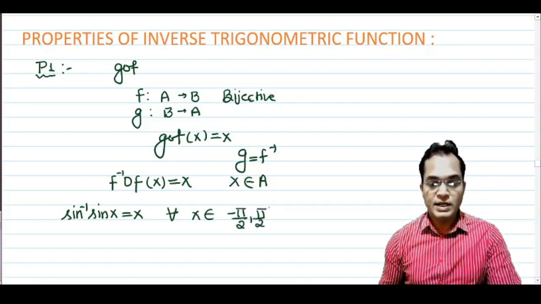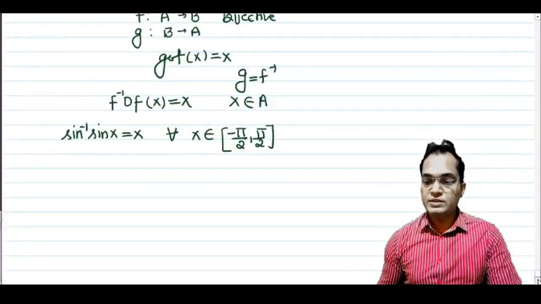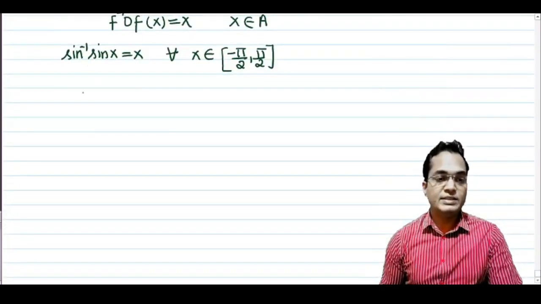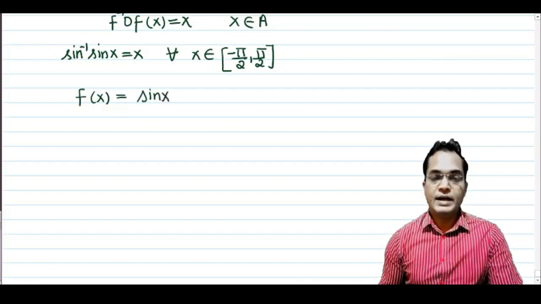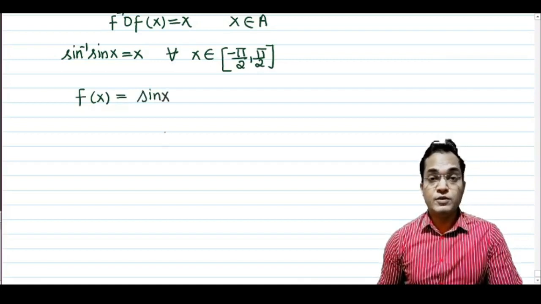Why minus 90 to 90? Because if the composite function sine inverse sine x exists, then first of all we define the function f of x equals sine x, and as we know sine x should be one-one and onto.